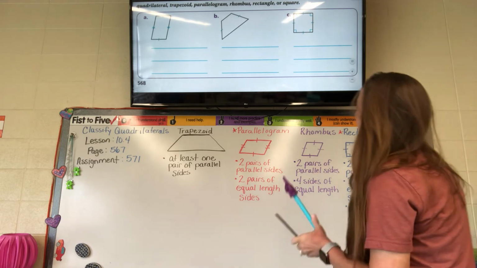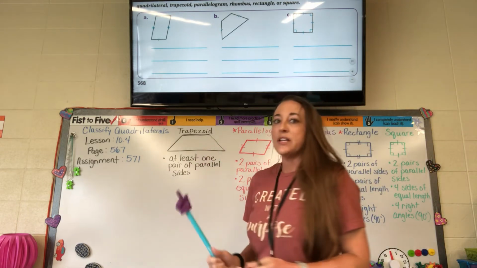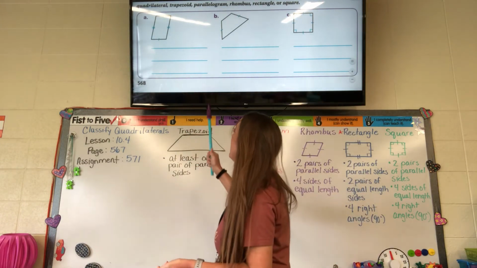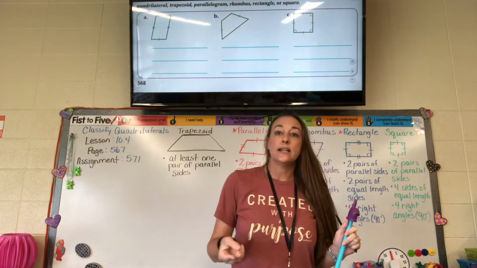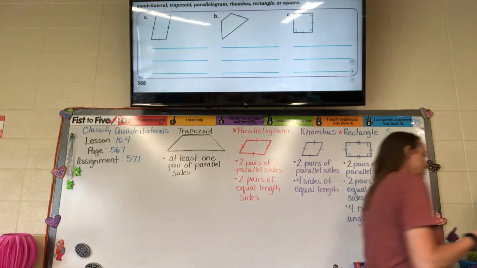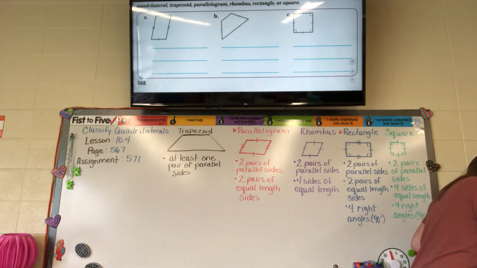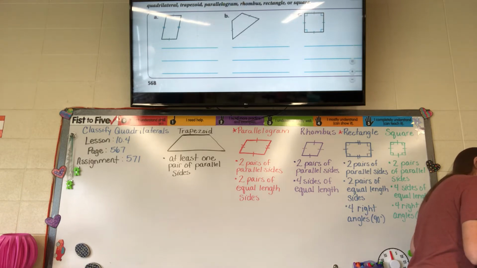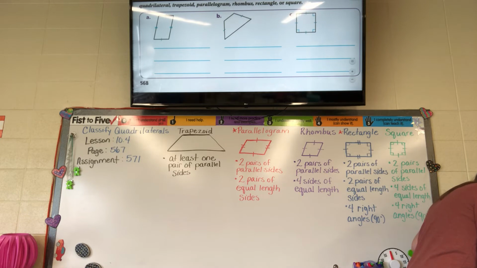And we are going to start with A and ask ourselves, is this a quadrilateral? Is it a four-sided figure made up of 4 lines and 4 angles? Yes. So I'm going to change the color to purple, my favorite. And on this top line, quadrilateral.